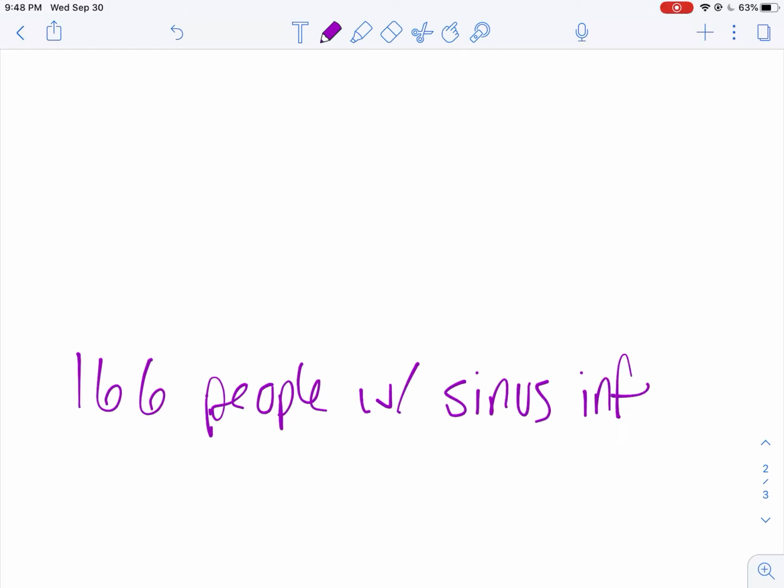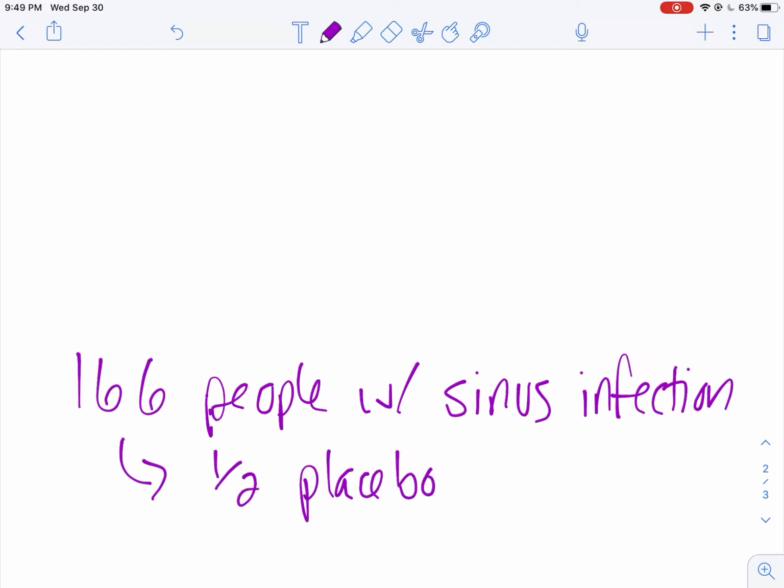You can treat that, and we're going to treat half with a placebo, half with, I believe, amoxicillin, so we'll say half antibiotic.